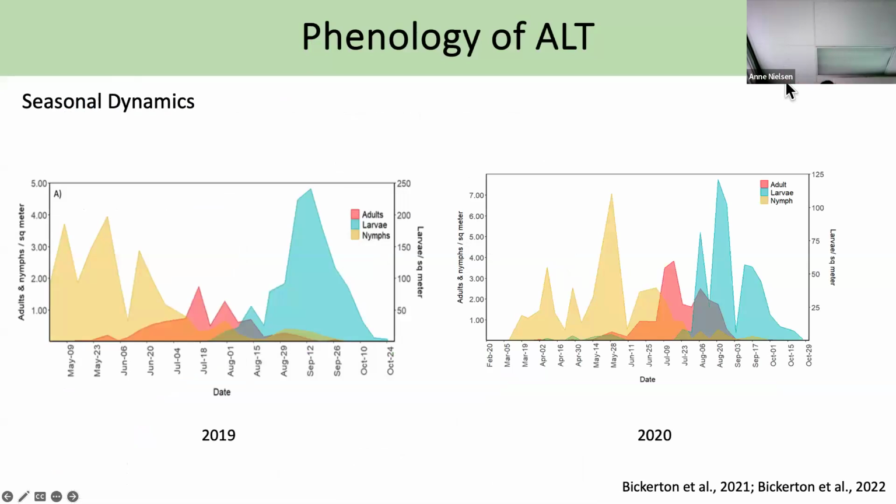And now I'm just going to start talking more in depth about the work that we have done, starting with the phenology of ALT. These are two phenology studies that Matt Bickerton conducted, in which we looked at the presence of this tick species over time.